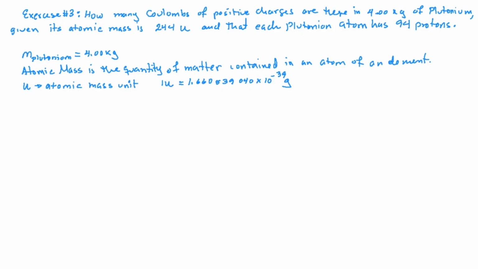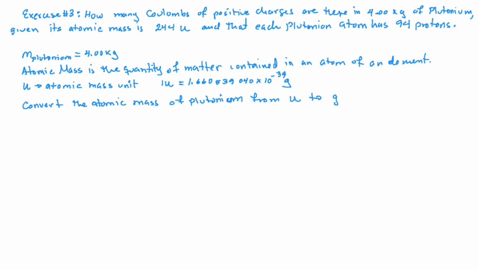So, if the mass of 1 atom of plutonium is 244 U, let's convert that mass from atomic mass units to grams.